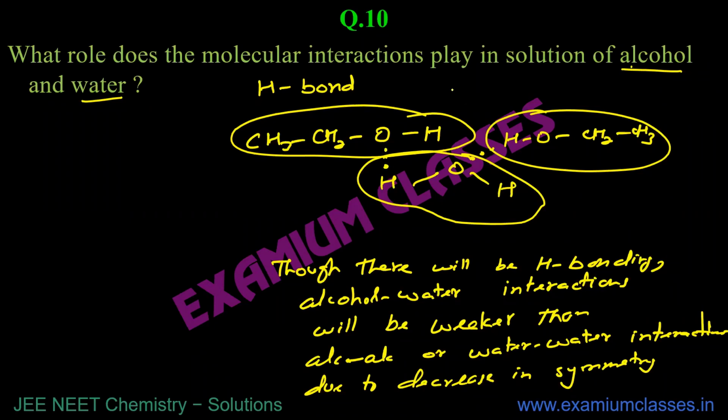Most of the answers are correct. So I'm just repeating, hydrogen bonding will be there, but it will be weaker hydrogen bonding than in alcohol or water due to decrease in symmetry. That's why it will be positive deviation.